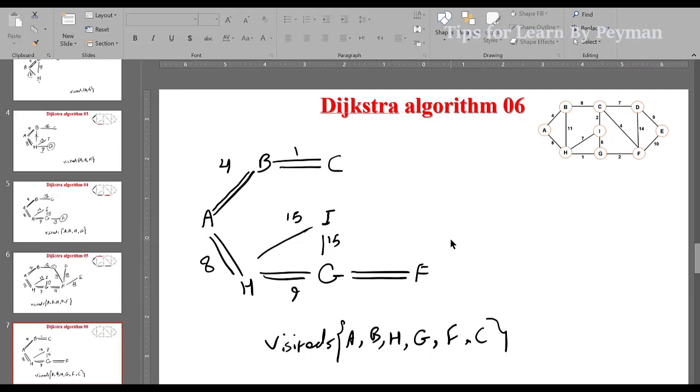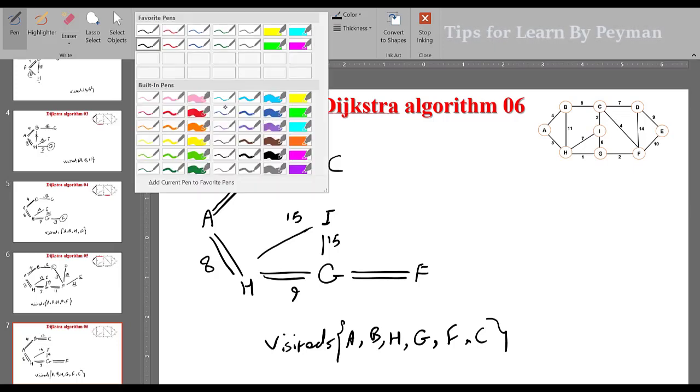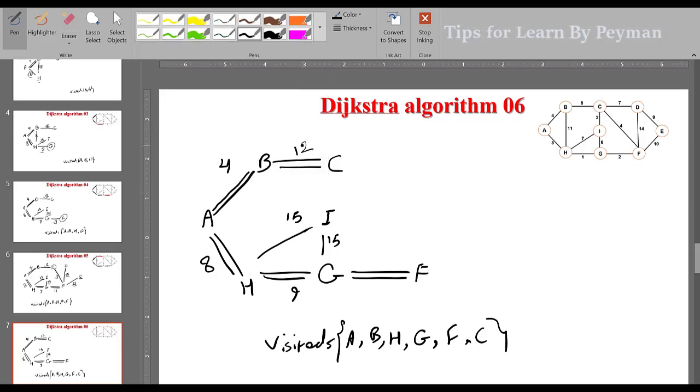So we were here. Okay, I started. The value was 12 here. I choose a thicker pen.